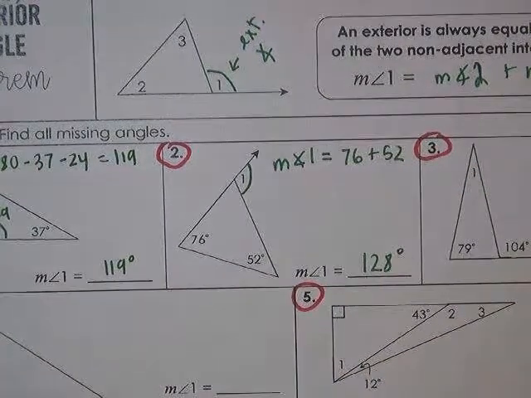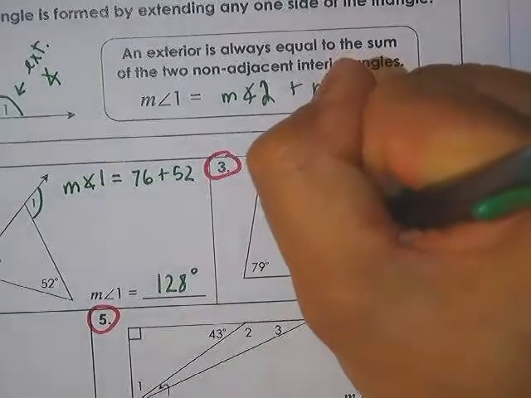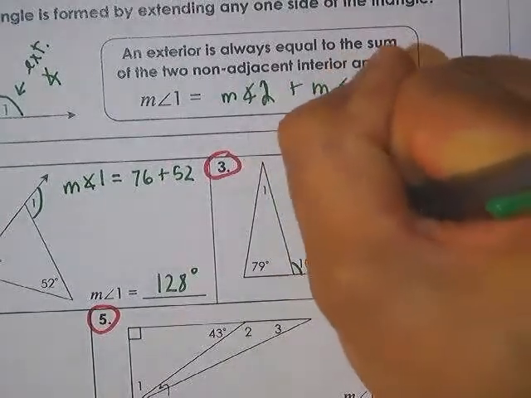But they're not always going to be this smooth. If you look at problem number 3, you're already given the exterior angle. So this is your exterior angle.